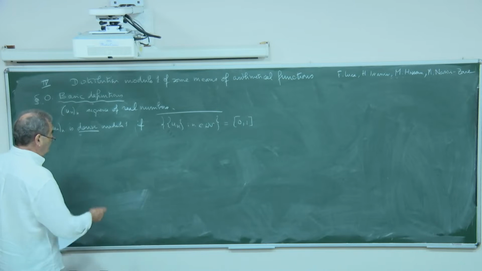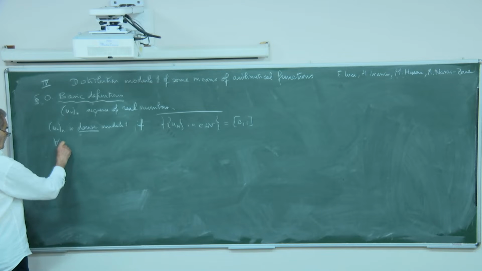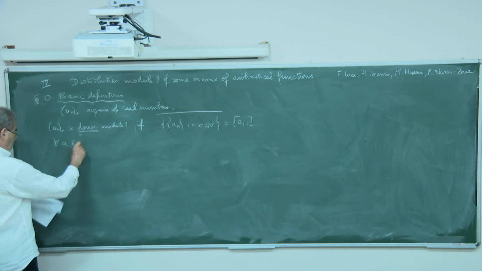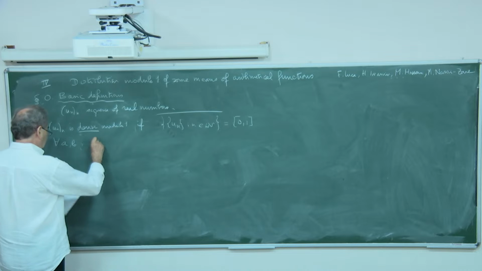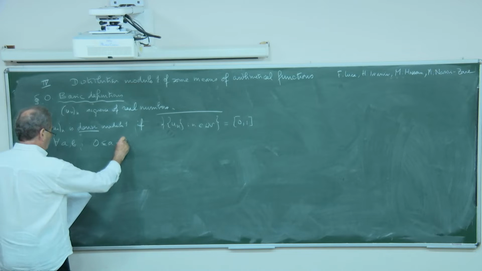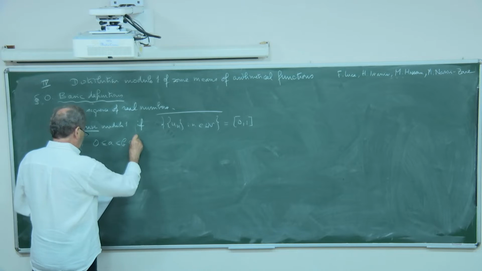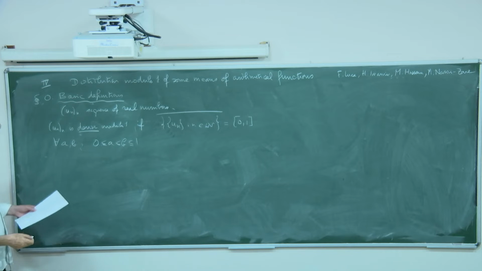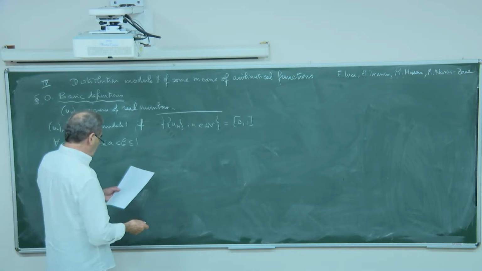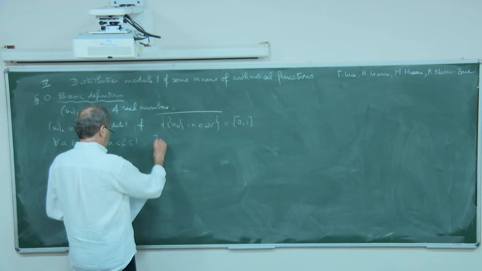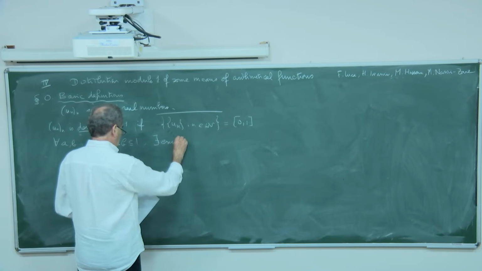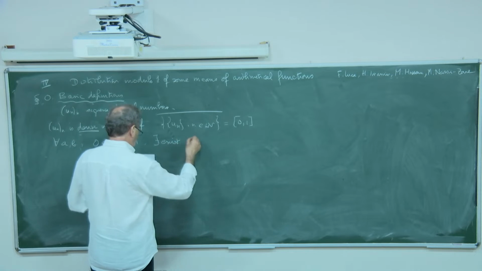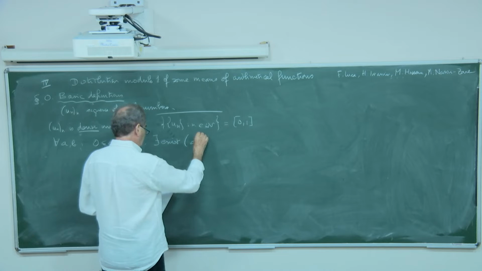And one way to see that is to say that for all a and b with 0 less than a less than b less than 1, so any kind of interval like that, there exist infinitely many n such that u_n lies in the interval (a,b).